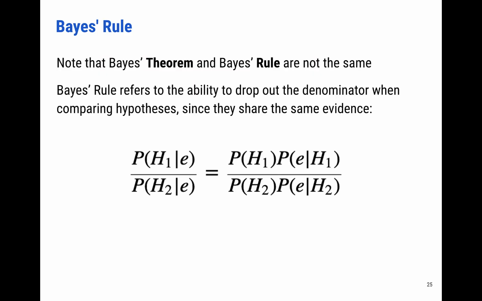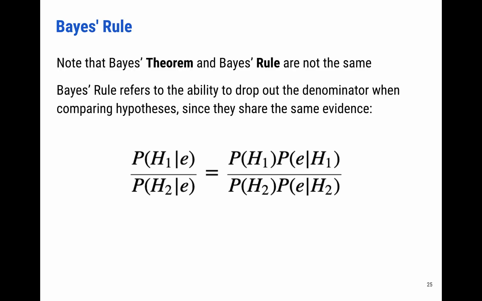Here's Bayes' rule, as far as I understand it. It's not the same as Bayes' theorem. What Bayes' rule refers to is that when you are comparing hypotheses, you don't need to worry about the denominators, and you can just worry about the odds ratio of two hypotheses. So the probability of hypothesis 1 given E over the probability of hypothesis 2 given E equals these values on the right.